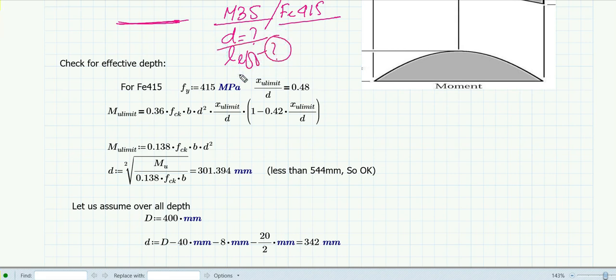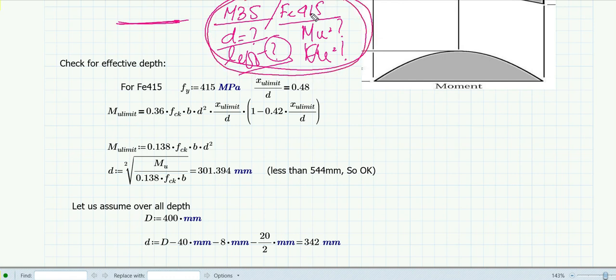We have also found out the moment and the shear force. This is the main calculation you have to do before going for design. After finalizing these values, we can go for design.